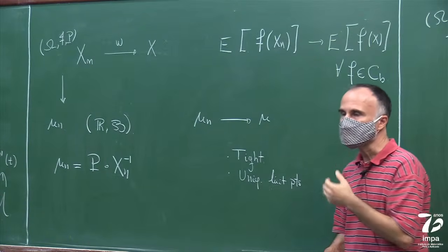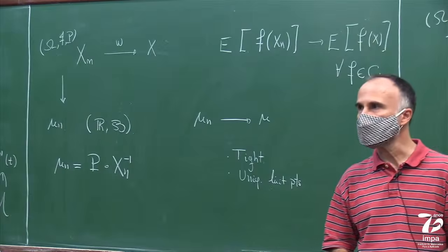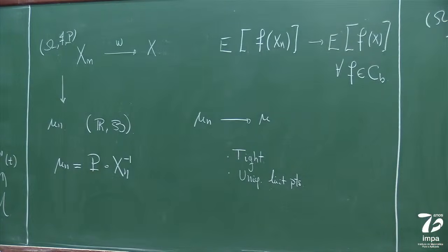Okay? So for tightness, remember I mentioned the Aldous criterion, and for uniqueness, well, in each case you have to prove uniqueness. So this is model dependent. But for tightness, you have a strategy to prove it.